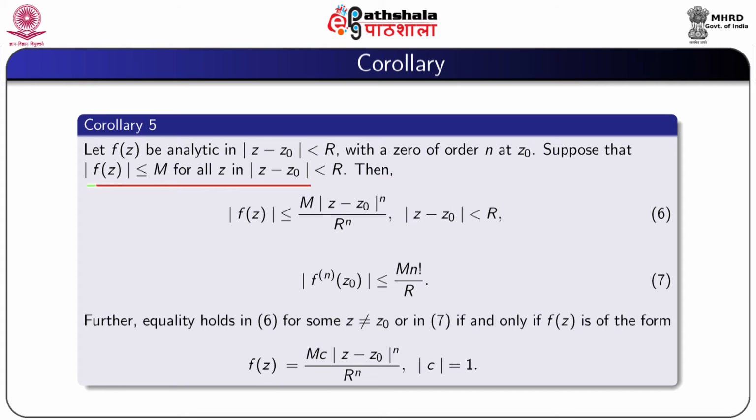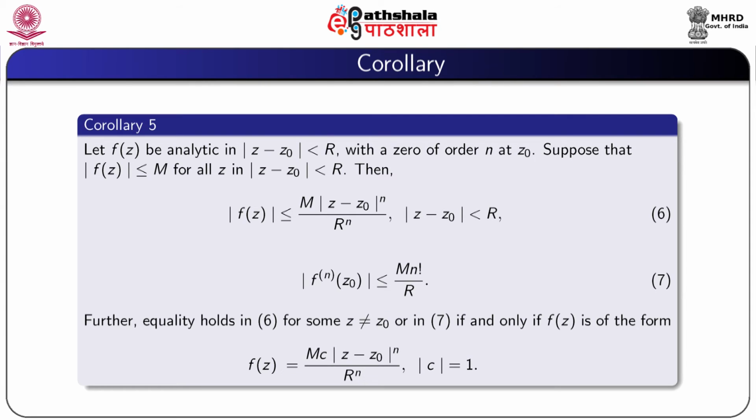Suppose that |f(z)| ≤ M for all z in |z - z0| < R. Then |f(z)| ≤ M |z - z0|^n / R^n for |z - z0| < R, and the modulus of the nth derivative of f at z0 is less than or equal to M n! / R^n.